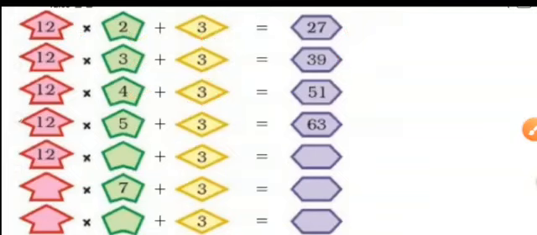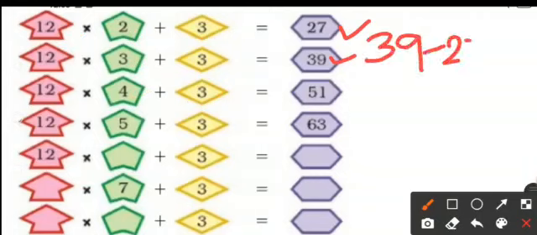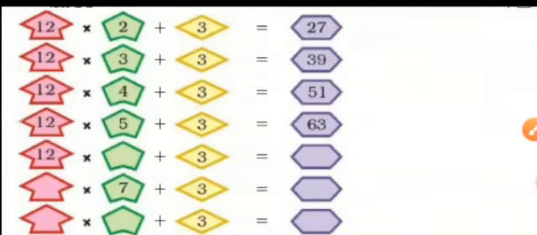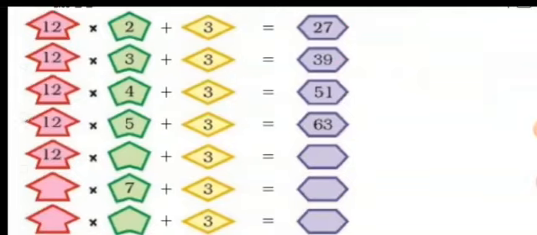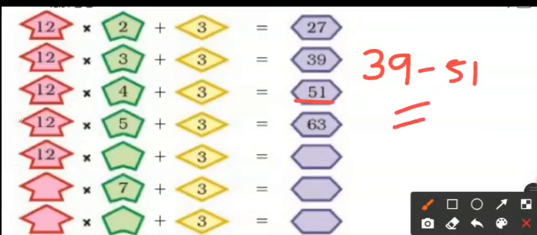Let us check the difference between these two numbers. 39 minus 27 is equal to 12. Again, what is the difference between the next two numbers? 51 minus 39 is again 12.